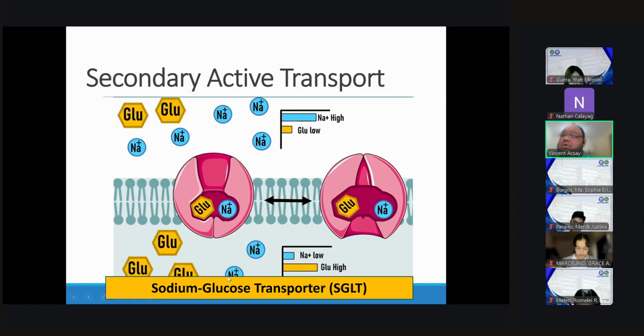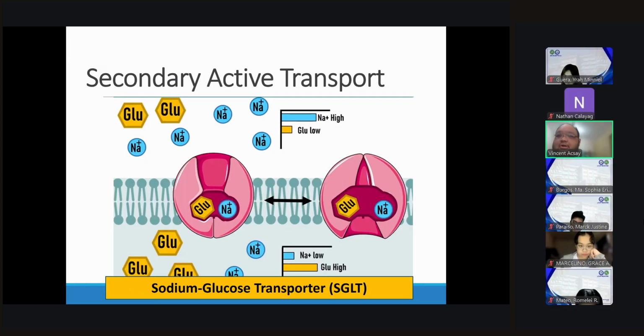The sodium glucose transporter, SGLT. Is everyone familiar with drugs like your SGLT2 inhibitors? This is the transporter protein that is inhibited by that drug.